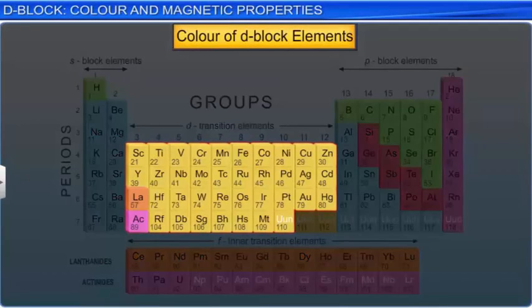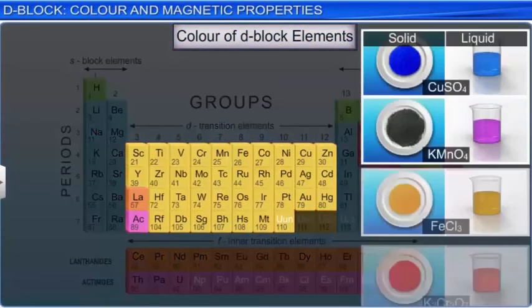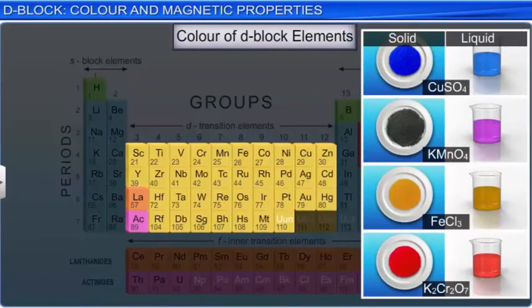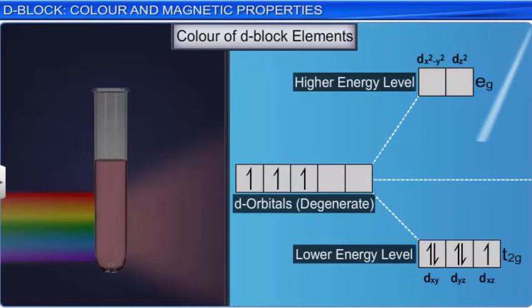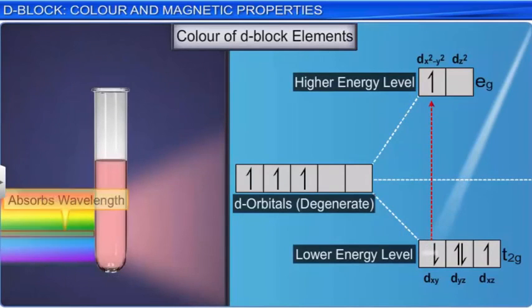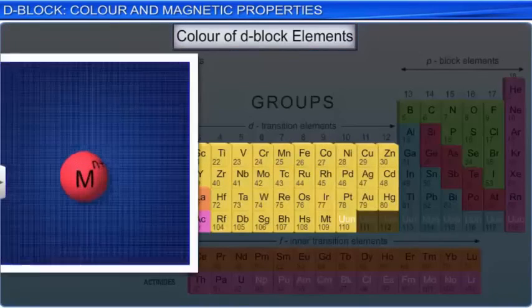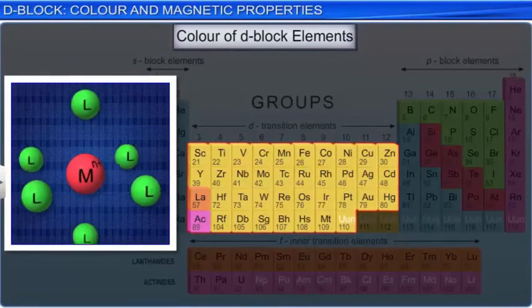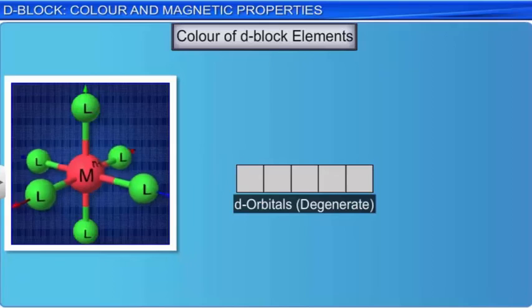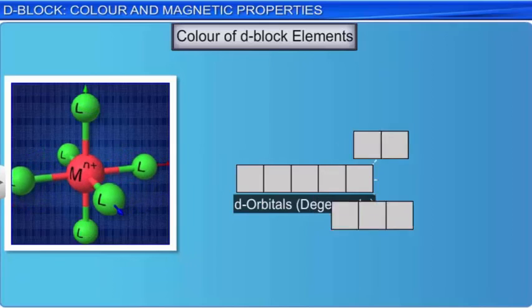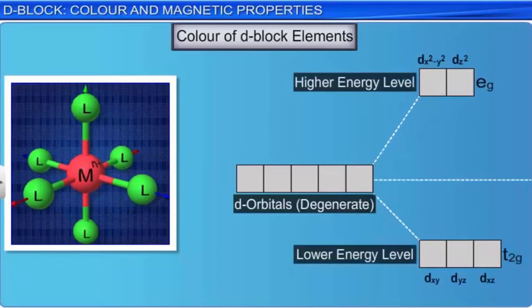Most d-block metal compounds are colored in their solid or liquid states. Color is associated with the ability of a compound to promote an electron from one energy level to a higher energy level. In the case of transition metal ions, under the influence of ligands, the degeneracy of the 3d orbitals is lost, and they separate into two distinct energy levels.